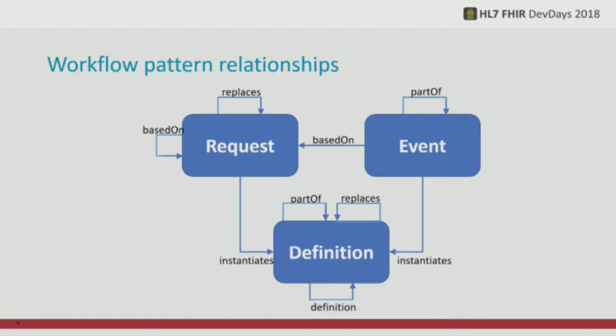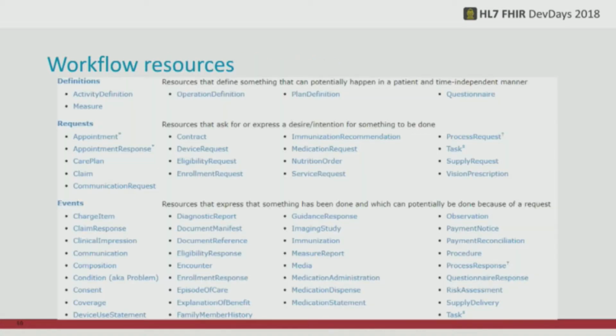And then we have events, the things that are actually happening right now or happened at some point in the past. And we tie all of those things together. And when we take a look at which of the FHIR resources fit into one of these patterns, it's actually quite a few. Not quite so many definitional resources, more requests, and lots of events.